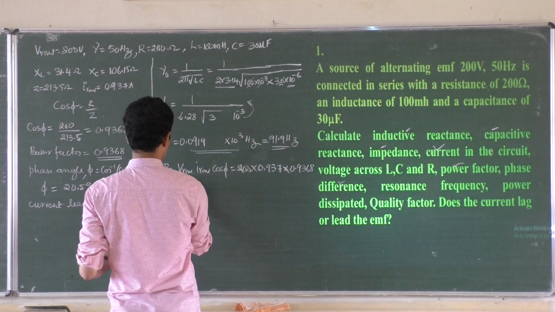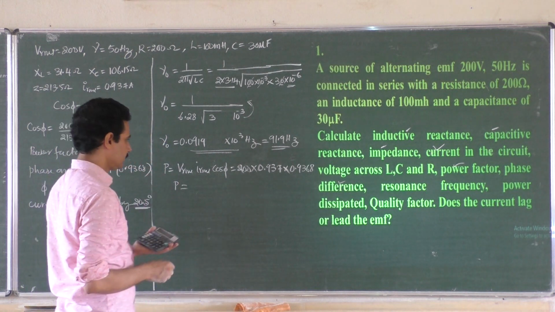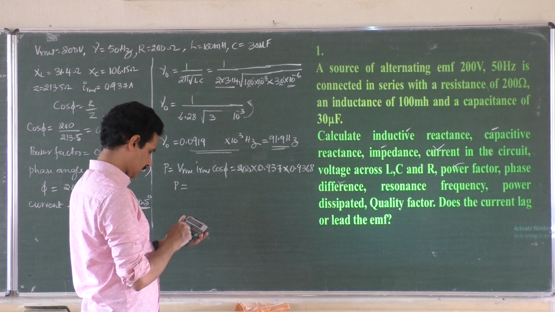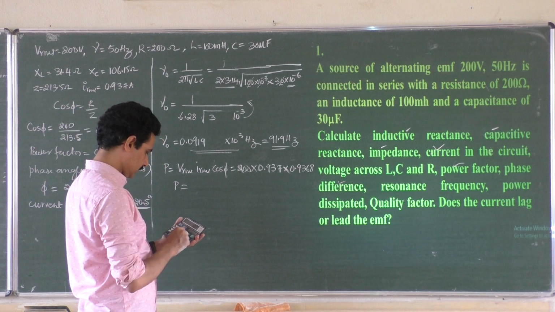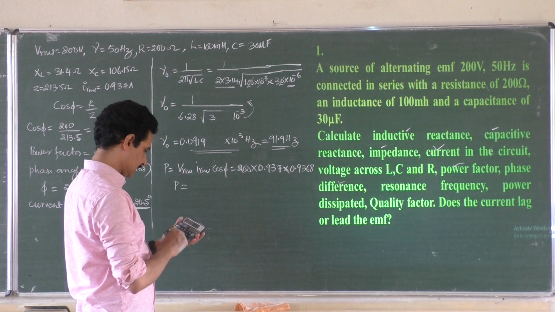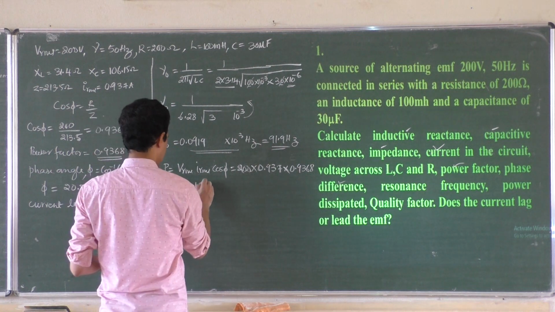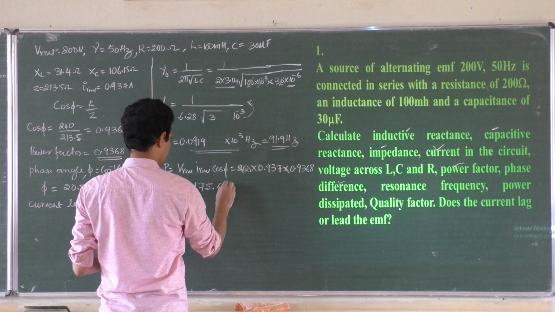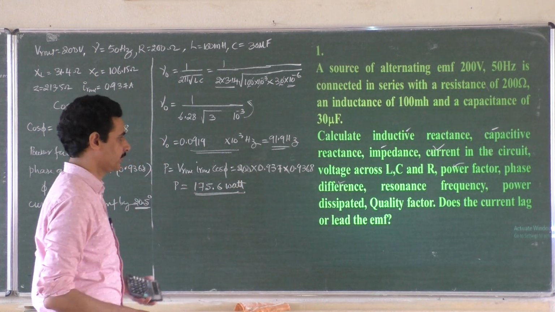So that is equal to power dissipated, average power dissipated, it is 200 into 0.937 into 0.9368. That is equal to 175.556, 175.6, I'll write, watt. This is the power dissipated, average power dissipated.